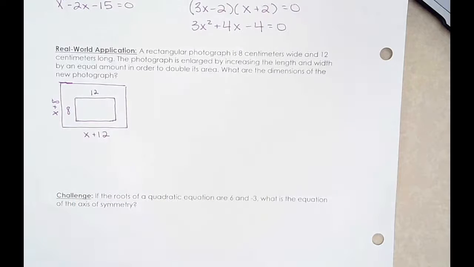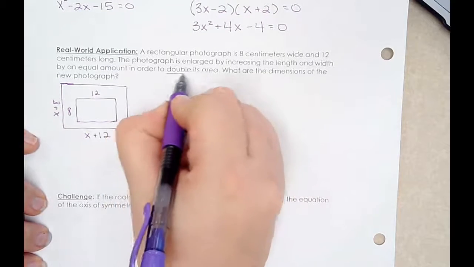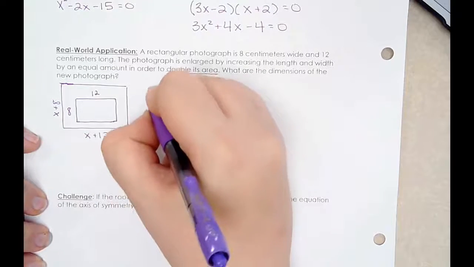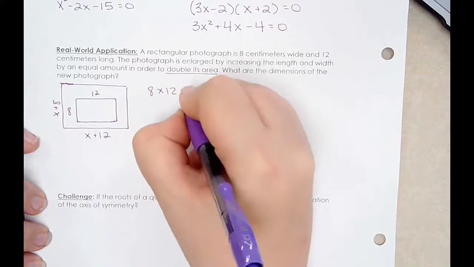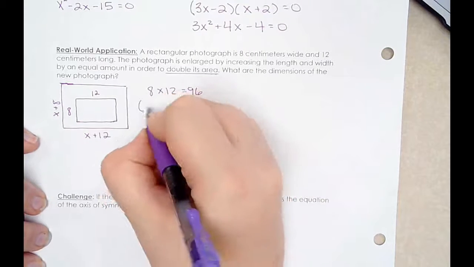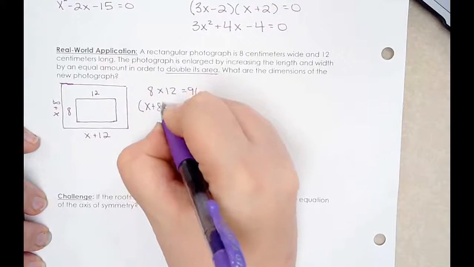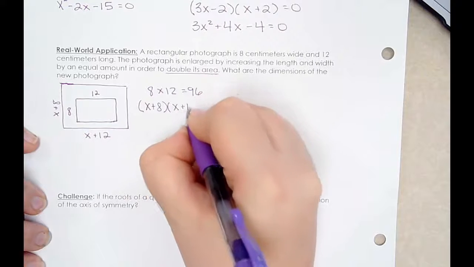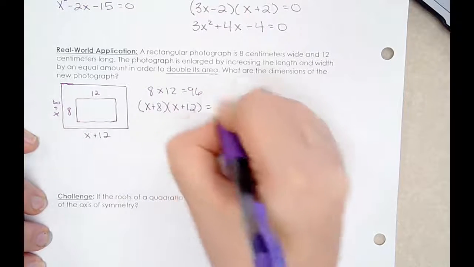It says they did this in order to double the area. So we know the area of the first photograph is 8 by 12 equals 96. Well, how do we find dimensions of the new photograph? We have to take the dimensions of x plus 8 by x plus 12, and if we want to double the area, it should equal 192.